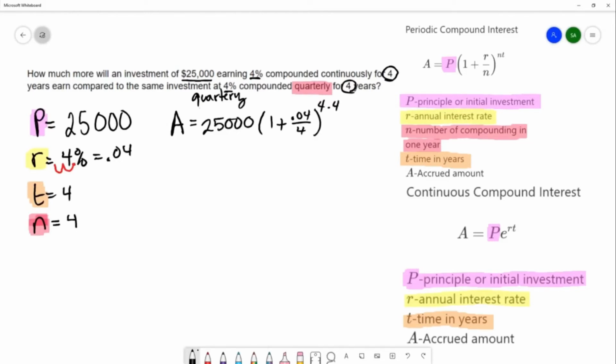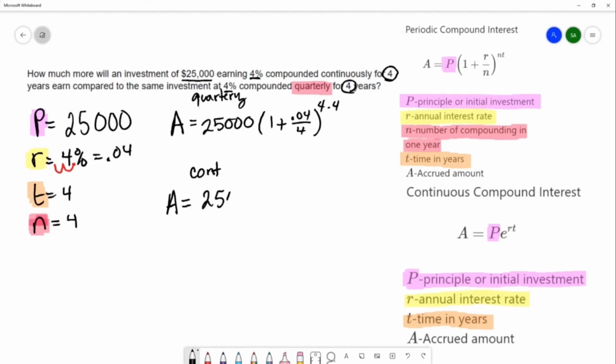There's a lot of 4s in that one. We're going to need a calculator to work that out. Then we're also going to figure out the investment if it were compounded continuously, using the formula A equals P e to the RT.